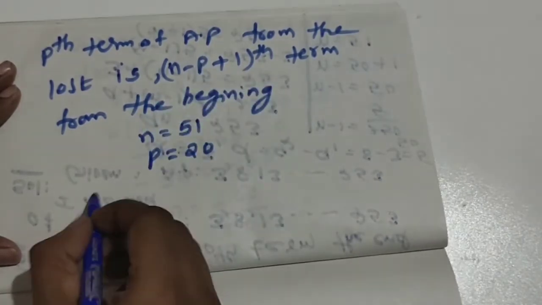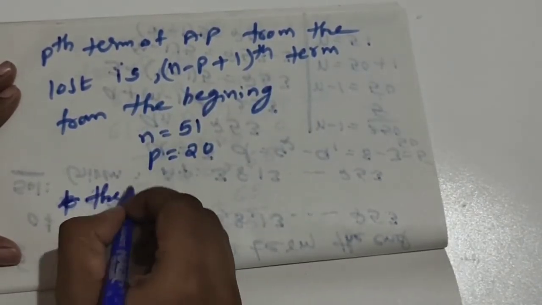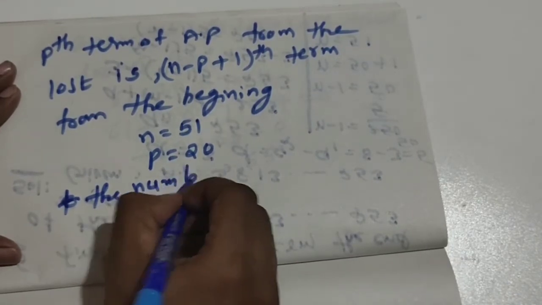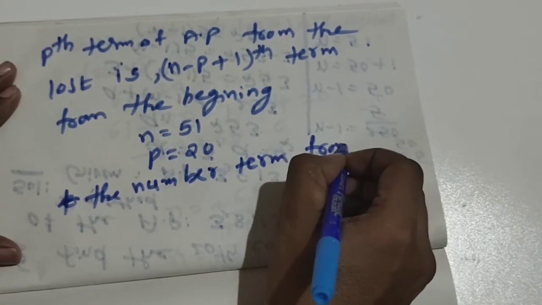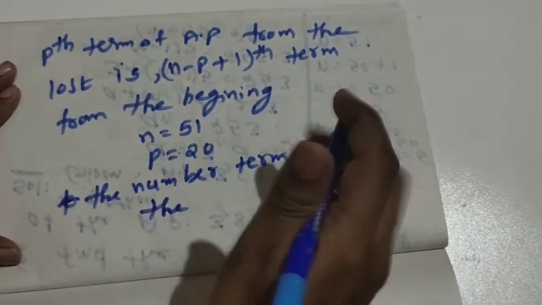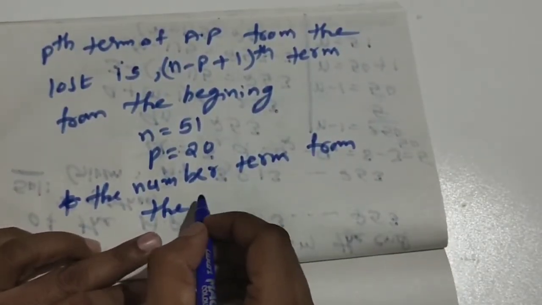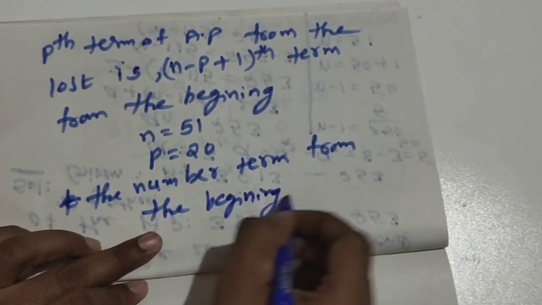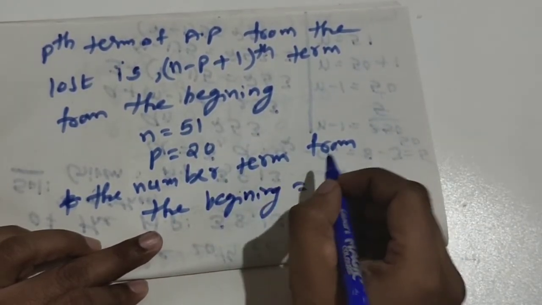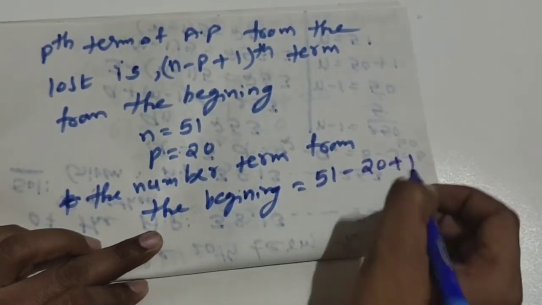Now we can get the term number from the beginning, that is from the starting, from the first number 3. We can write simply the number we are getting: 51 minus 20 plus 1.